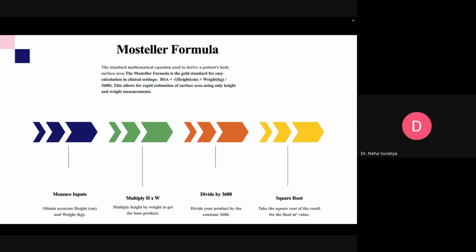Now this is a simple calculation, but of course you need to do a lot of practice. Why is this formula preferred always? It is so simple and easy to remember. This is very simple once you practice the BSA calculation daily. As I told you in the introduction of the fundamental session yesterday, calculation understanding and theory will only have an impact when you practice it in your clinical setting.